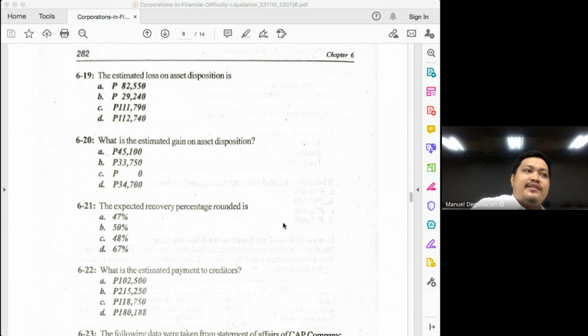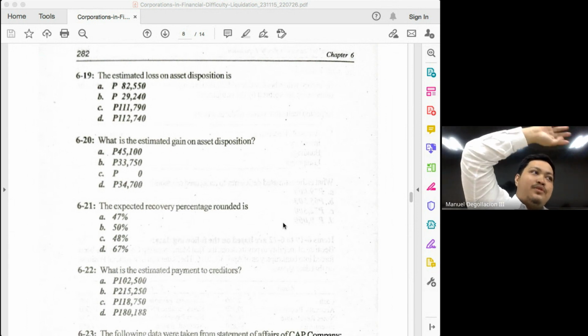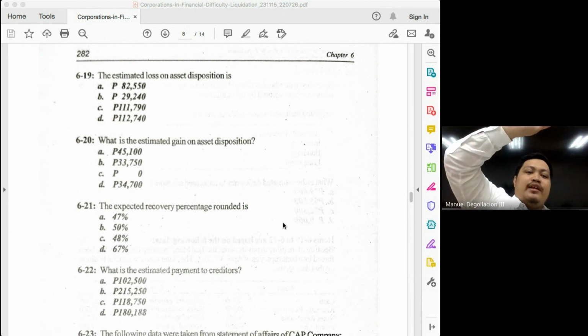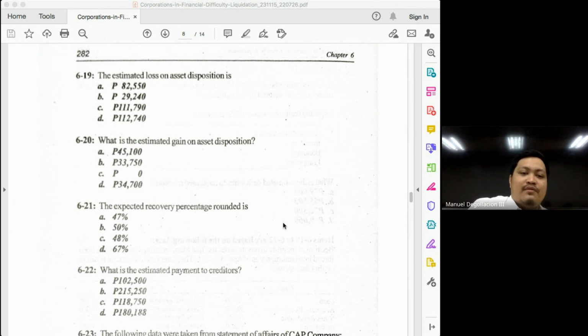So the answer in 6-22 was based on the sum of the individual payments of the four groups of creditors. In 6-22, they computed the amount paid to fully secured, amount paid to liabilities with priority, amount paid to partially secured, amount paid to unsecured without priority, using the rounded off recovery rate. And if you add all those four payments, it will give you 180,188. Supposedly, your total payment, what happened in this problem is that there's an unaccounted amount. Maybe it was pocketed by the liquidator.